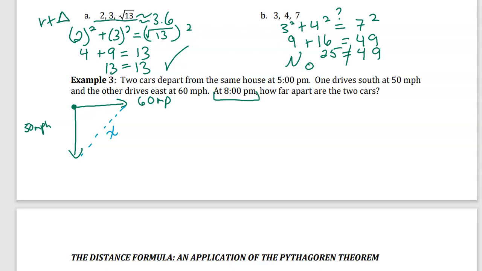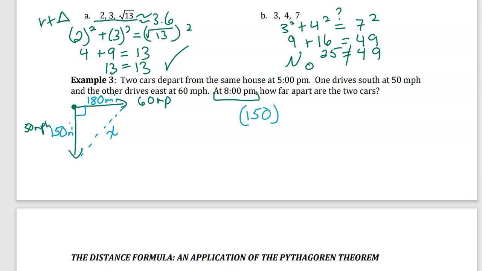Well, since they're driving south and east, we know that this is a right angle, and so that is our right triangle. They're driving at two different speeds. 5 p.m. to 8 p.m. is 3 hours. So 60 miles per hour for 3 hours means that this person should have traveled 180 miles. 50 miles per hour for 3 hours, this person should have traveled 150 miles. We want to know what this length is.